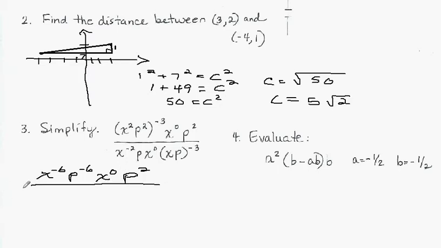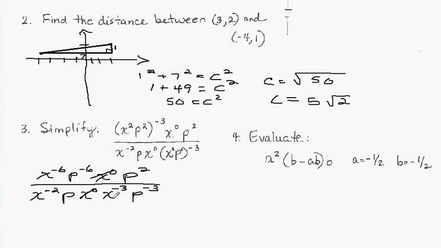All over x to the negative 2. I'm just recopying things. X to the 0. We're going to distribute. This is a power to a power, so we multiply. So we get x to the negative 3, p to the negative 3. Now these x to the zeros, they're 1, and anything times 1 is just itself, so you can just cross those out in a multiplication problem.